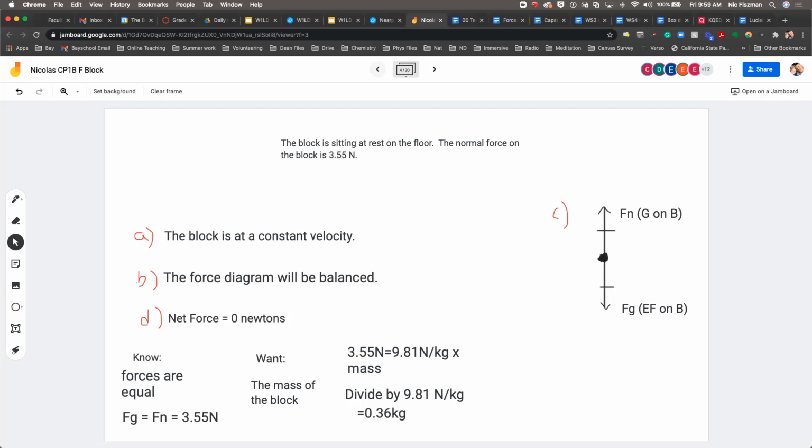So we put 3.55 newtons is equal to 9.81 newtons per kilogram times mass. And then we divide by 9.81 newtons per kilogram, and we get 0.36 kilograms. Cool. Thank you.